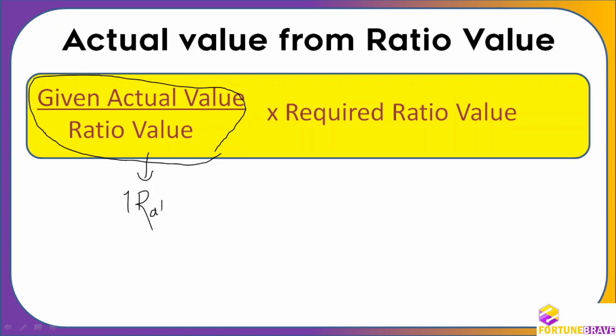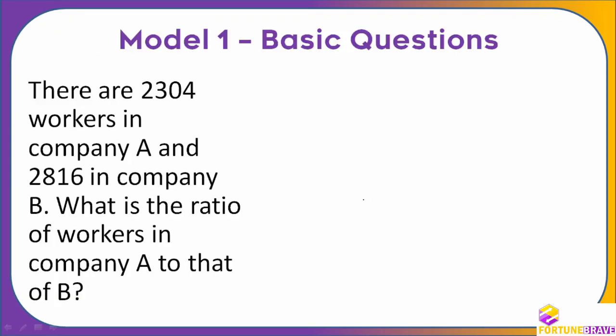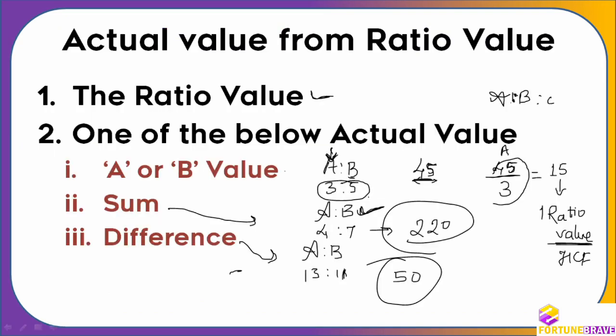Now whatever they ask, once you get the 1 ratio value, this is the most important point in this whole lecture on ratio, you need to find out one ratio. Once you find out one ratio value, whatever they ask, you have to multiply. Say for example, in the previous case, we have 15 as the one ratio value.